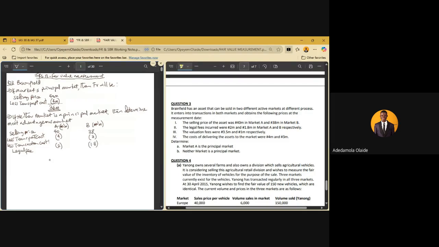Then what else do we have? Valuation fee, which is 3.5 million in market A and 1 million in market B. With that, what do we have as the price?